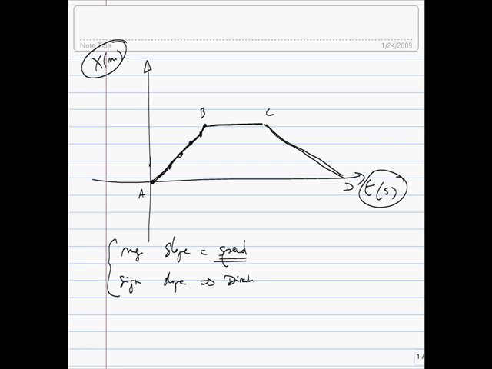Therefore, I'm going in a positive direction, which is confirmed by the fact that my slope is positive. I can also notice that the function between A and B is a straight line, which tells me that not only am I going in a positive direction, but I'm going between A and B with a constant speed.